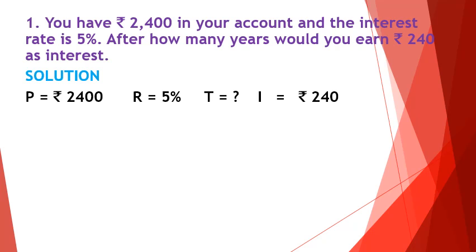The interest rate R is given as 5%. How many years would you earn? So we have to find the number of years. So T equal to question mark. They are asking to get the interest as rupees 240. So I equal to 240.